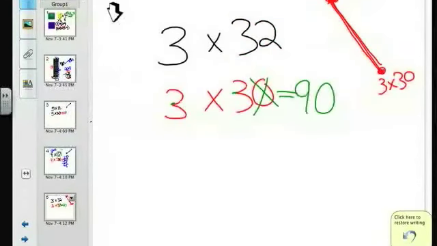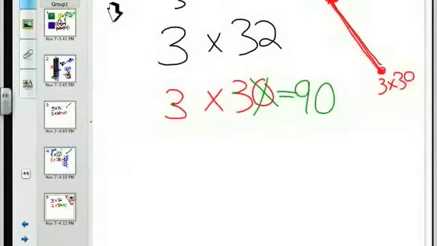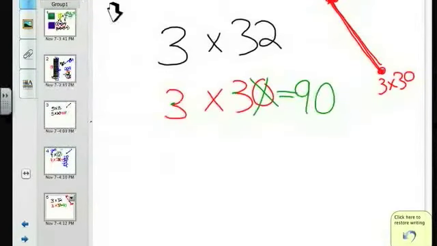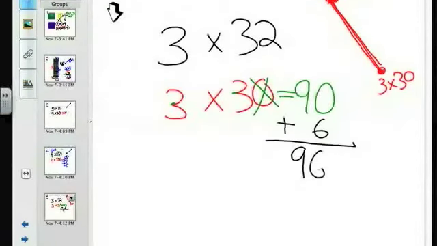Well, I subtracted 2 off. So what I'm going to do is add on 3 times 2 to that. 3 times 2 we know is 6. So let's add that on there. 90 plus 6 is 96 for an answer.